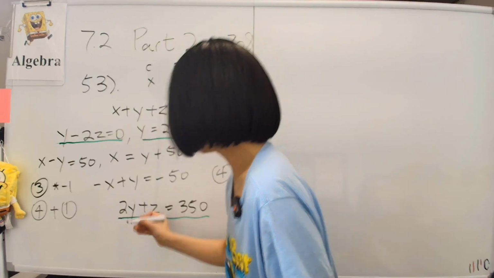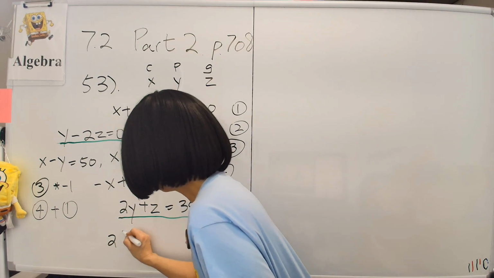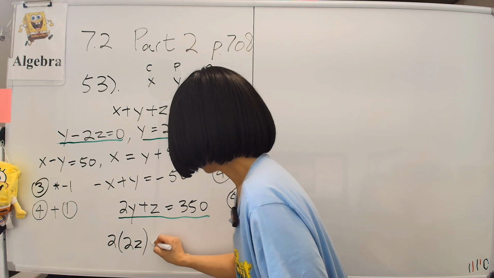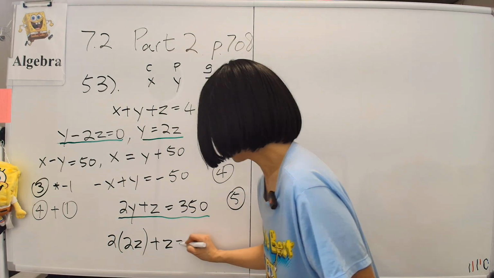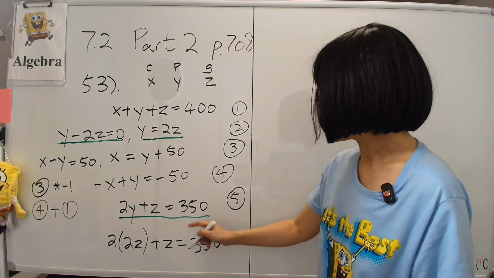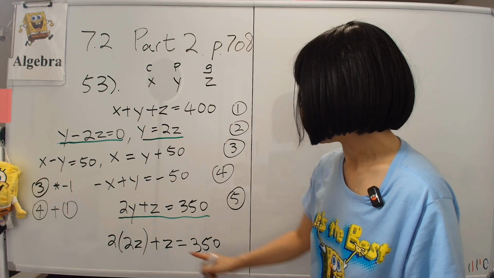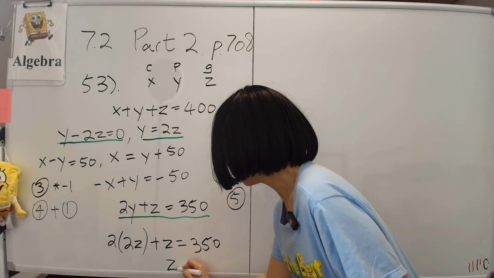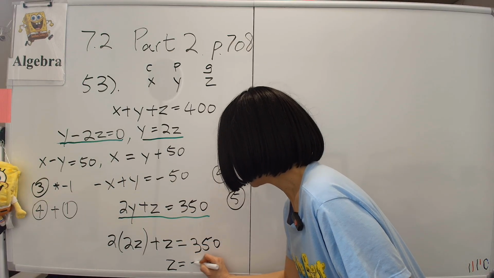So 2 times 2z, plus z equals 350. That means 5z equals 350, right? 4 plus 1. Which means z equals 350 divided by 5, which is 70.